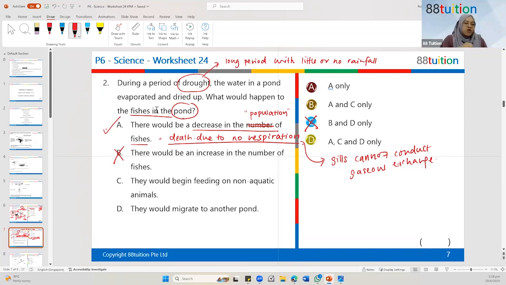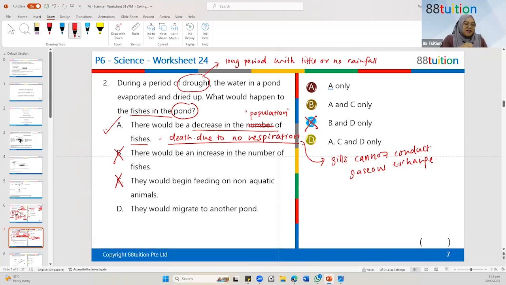See, they will begin feeding on non-aquatic animals. Can you imagine if one day somewhere dries up and then suddenly the fishes rise up and begin hunting for land animals? It's like some science fiction show that you only see in movies. This one doesn't happen. They are not adapted to live on land without water.